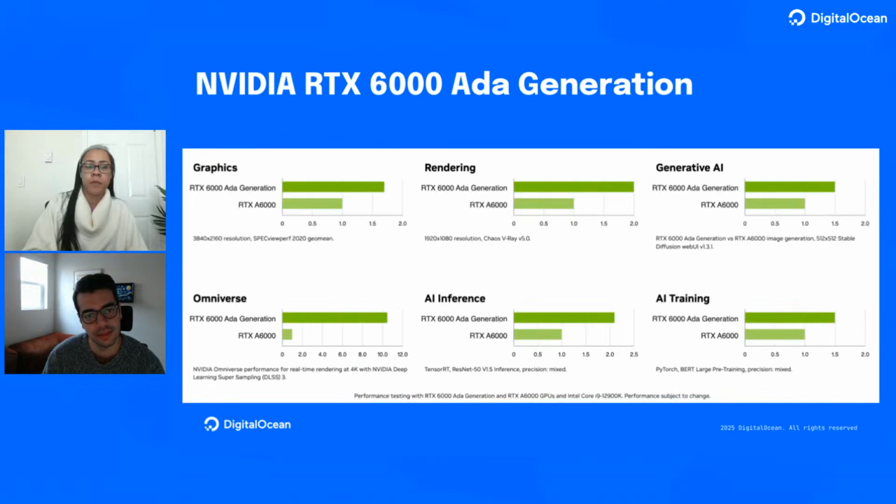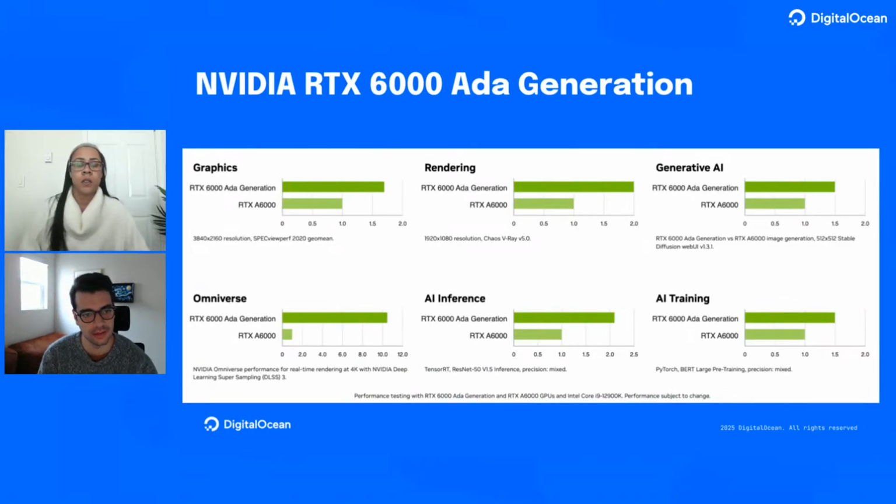And next slide, please. Yes, similar performance profile for 6000 ADAs as well. You'll see that in graphics, we can see a 50% performance increase, and in use cases like AI inference or rendering, it goes up to twice the performance of the older generation when you look at RTX 6000 ADA and RTX 6000, which is the older version.